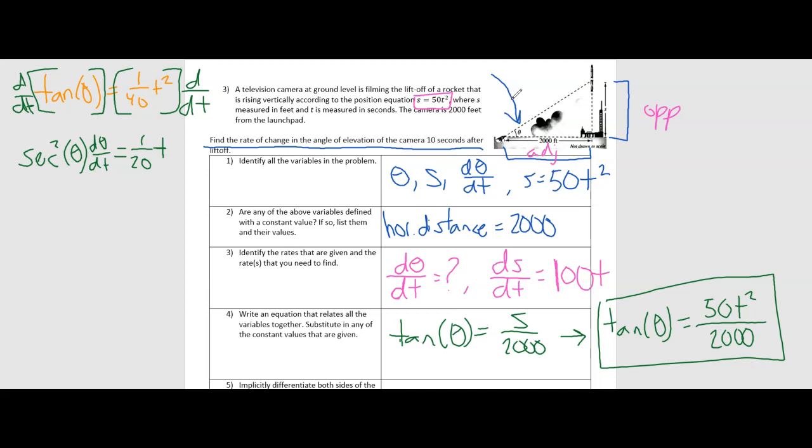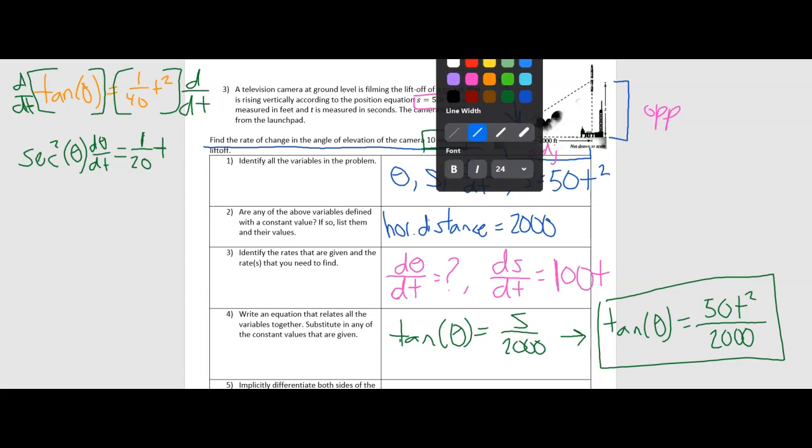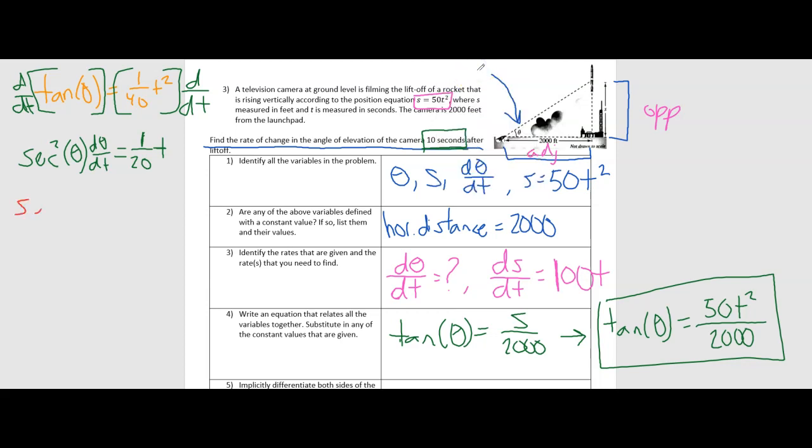Okay, let's see. Do I have enough to substitute in to leave the d theta dt by itself? Well, I have a t value because I know I'm looking for d theta dt 10 seconds after liftoff. So let's substitute that in. Secant squared of theta times d theta dt is equal to 1 over 20 times 10.